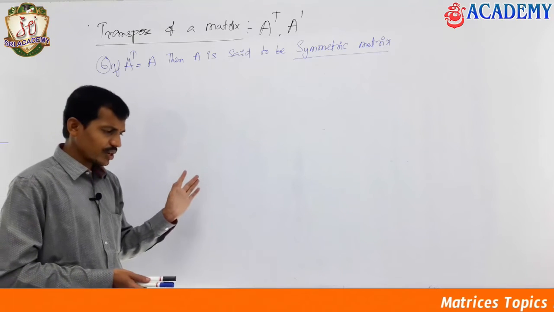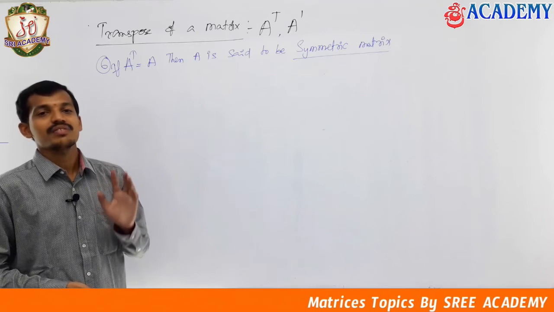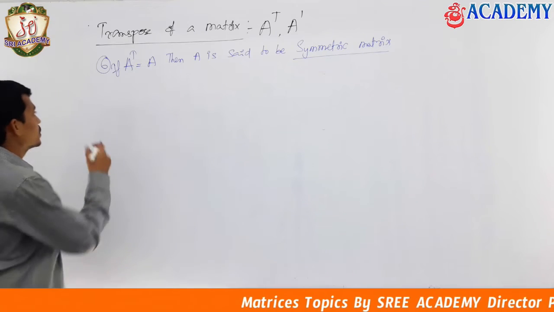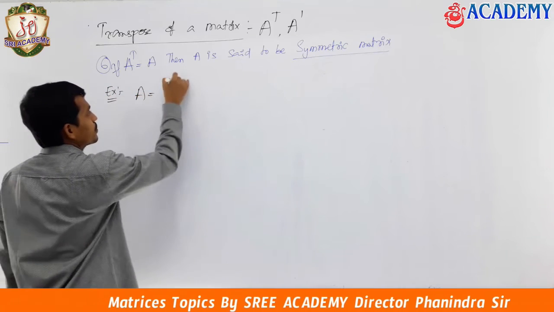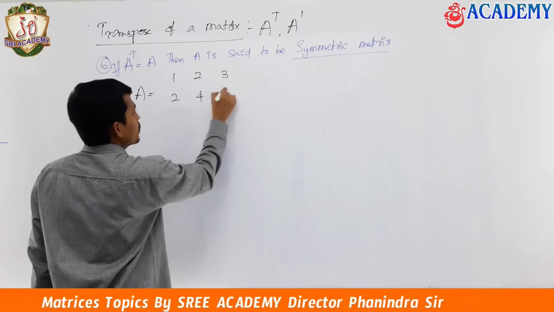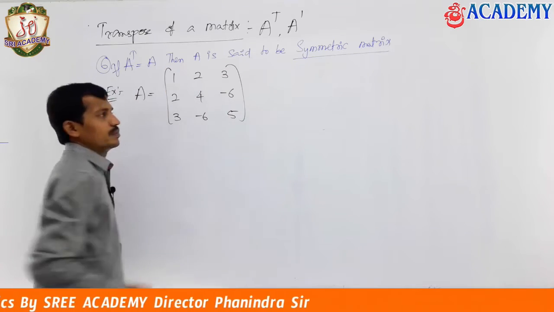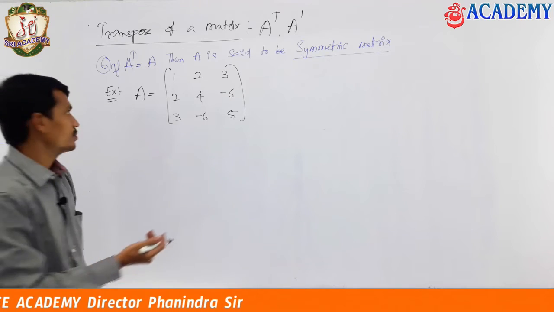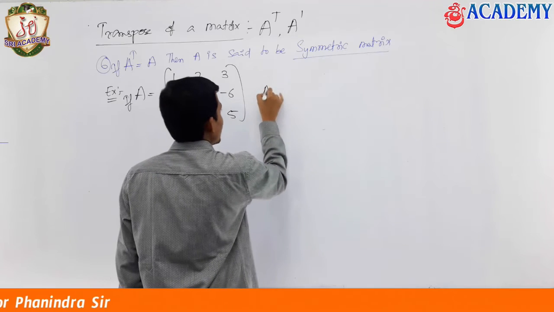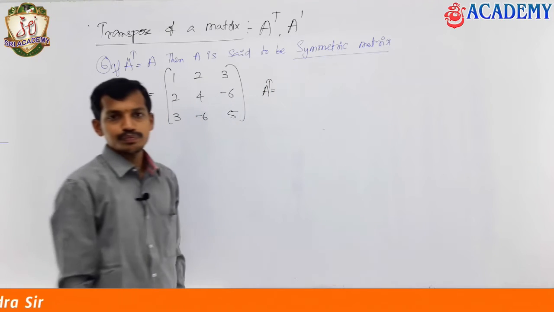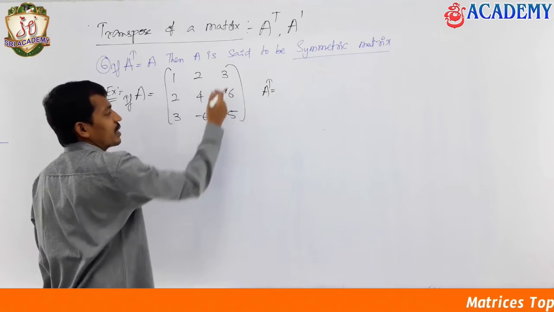Just I am taking one square matrix here. Just we are transposing that matrix. If we are getting the same matrix or not, we will check. I am writing one matrix. Here, if this is matrix A, then A transpose equals, simply you have to write a 3 by 3 matrix.